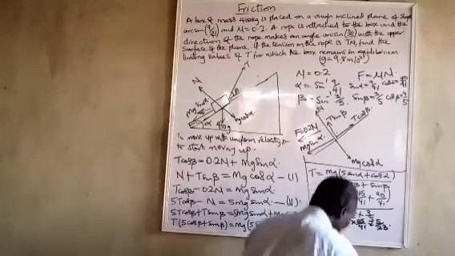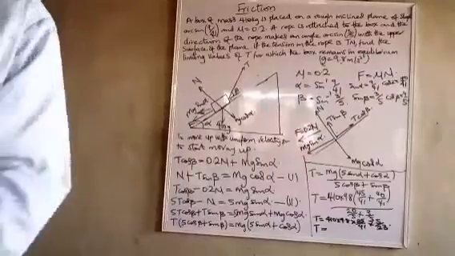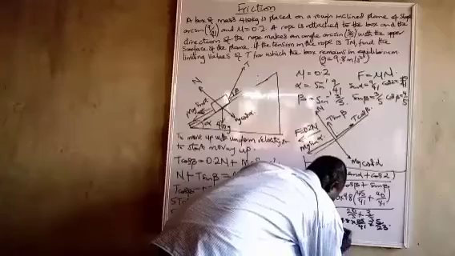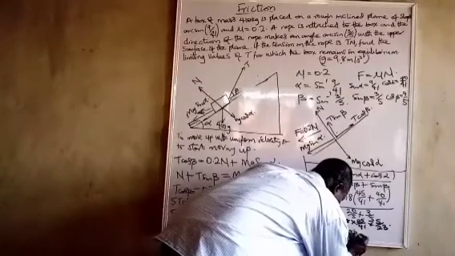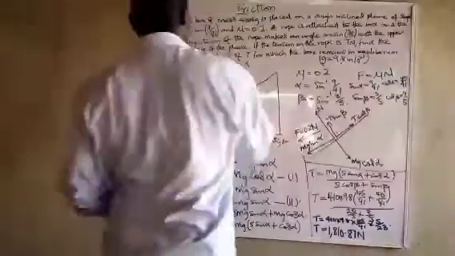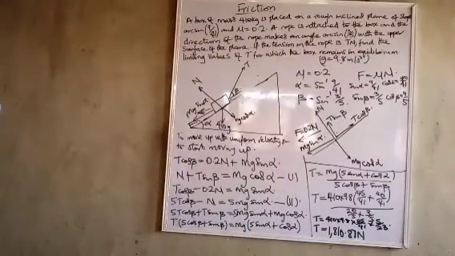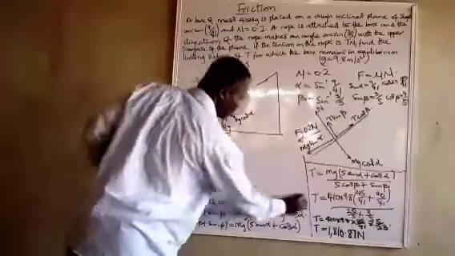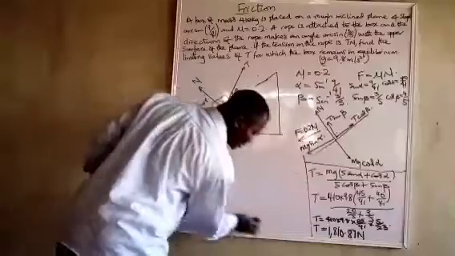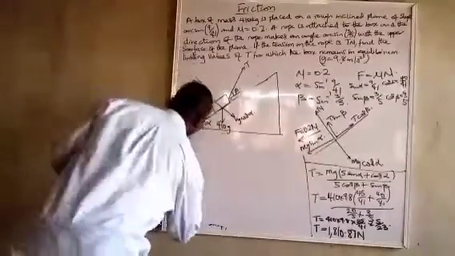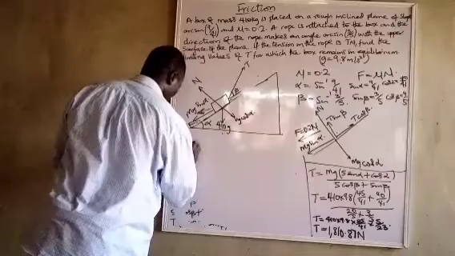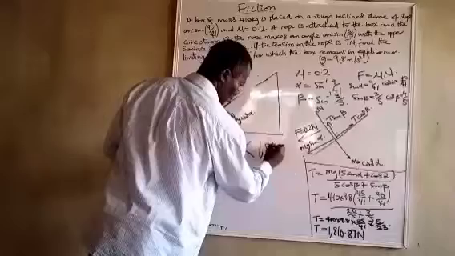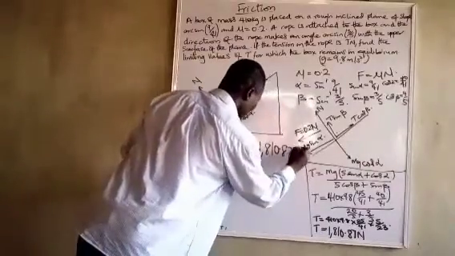So T, if the body is trying to move upwards, has the value 1810.87 newtons. So T varies from 144.12 to 1810.87 newtons.